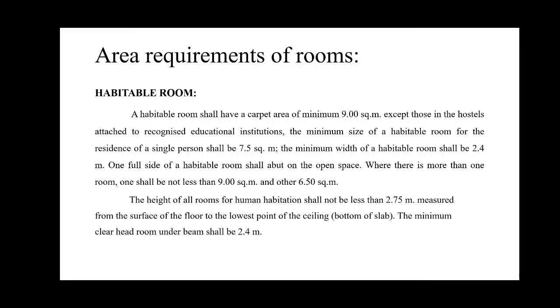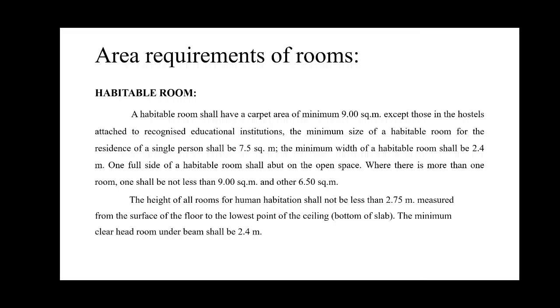Area requirements of rooms. As we know, the residential building comprises various functional units or rooms. First is the habitable room. The habitable room includes the living room, the bedroom, the guest room, etc. The habitable room should have a carpet area of minimum 9 meters square, except those in hostels attached to recognized educational institutions.